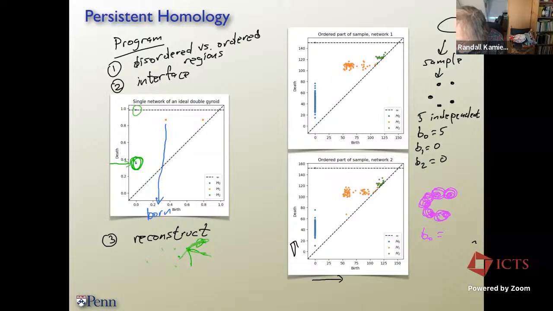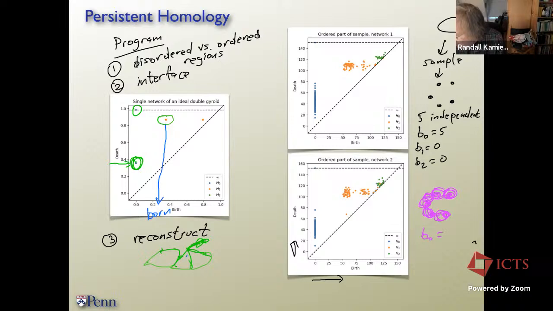So at 0.38 or whatever, a bunch of points die and a bunch of loops are born. So this is a place where now these individual points are forming closed loops. And so you can see the birth of the network.